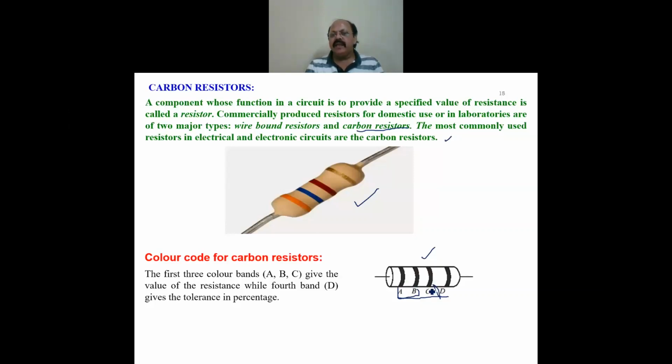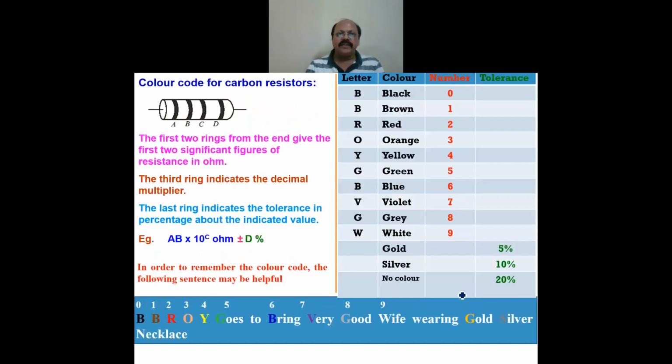The third ring, represented by C, is the decimal multiplier. All these three rings give the value of resistance in ohm. And the fourth ring, represented by D, gives the tolerance in percentage. That is how you can determine the value of the carbon resistor.